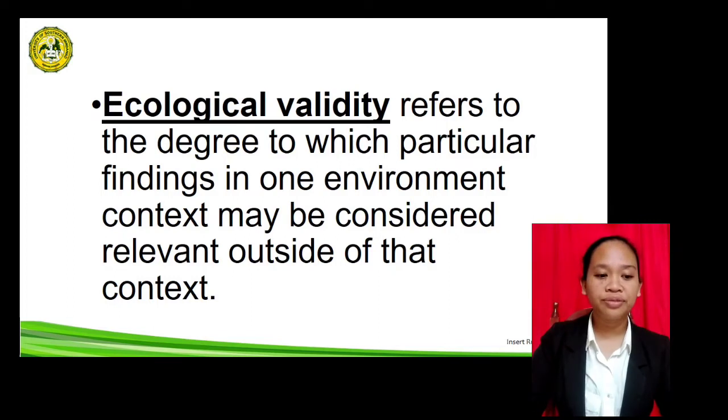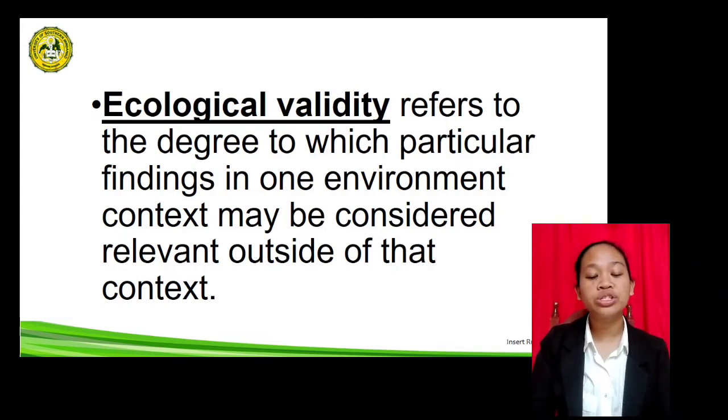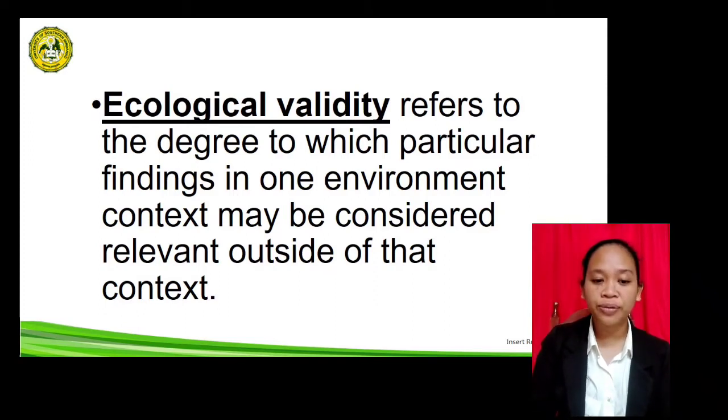So, ecological validity. It refers to the degree to which particular findings in one environment context may be considered relevant outside of that context, or the degree to which results obtained from research or experimentation are representative of conditions in the wider world. So we know naman that ecology is the study of the interactive relationship between an organism and its environment.